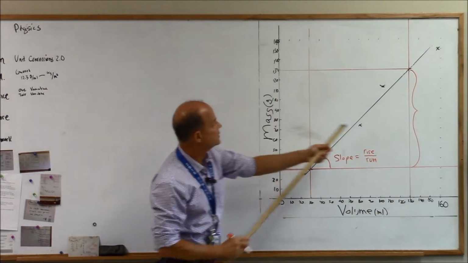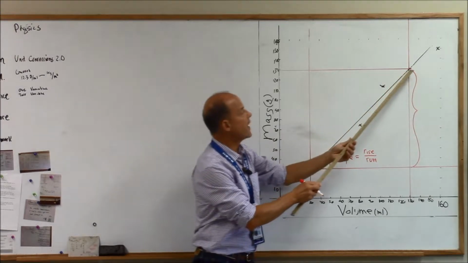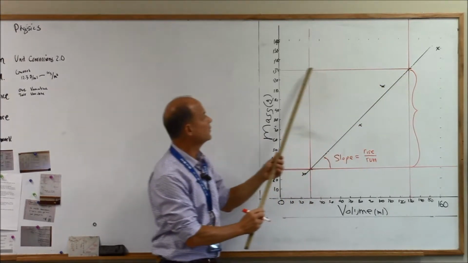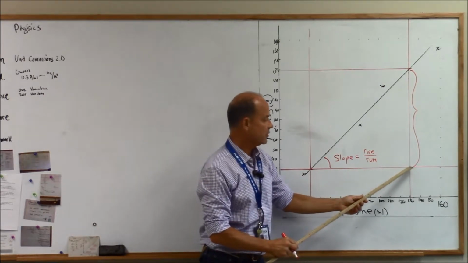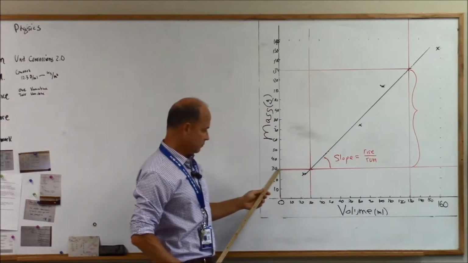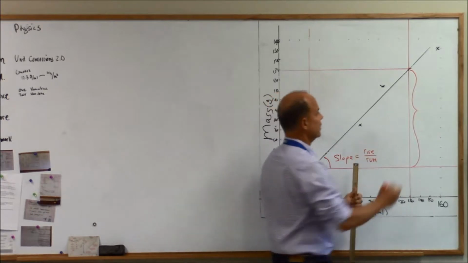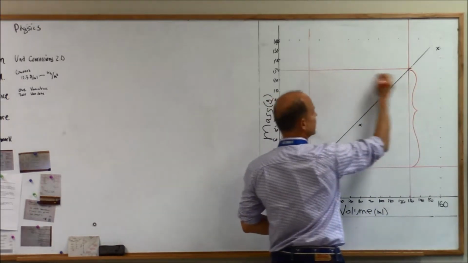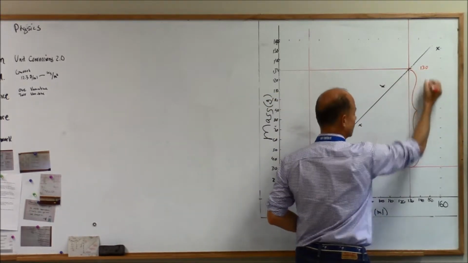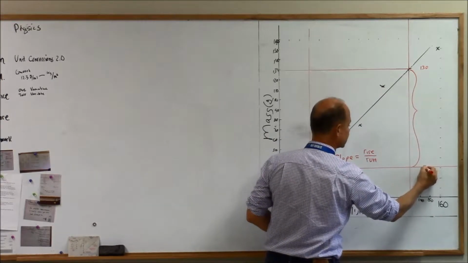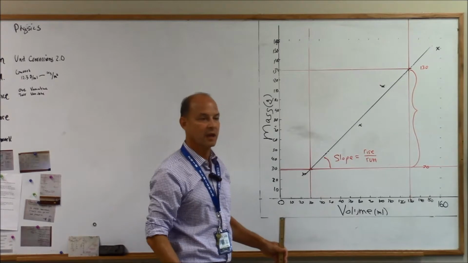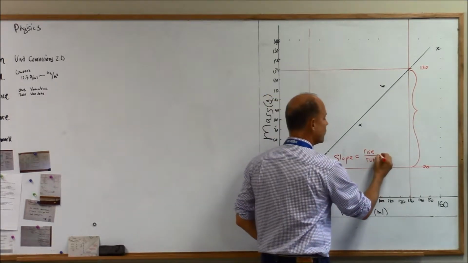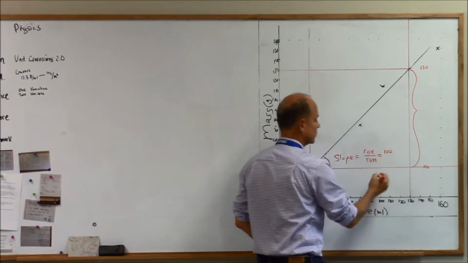Well, this distance is just whatever the value is on the axis here, subtracted from the value on the axis here. So if this is 130 and this is 30, what must this distance be? 100, right? So our rise is 100.